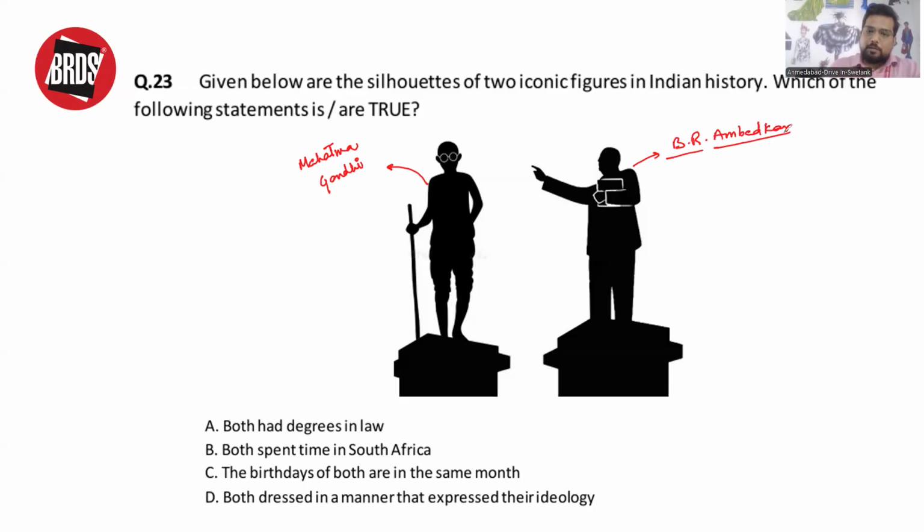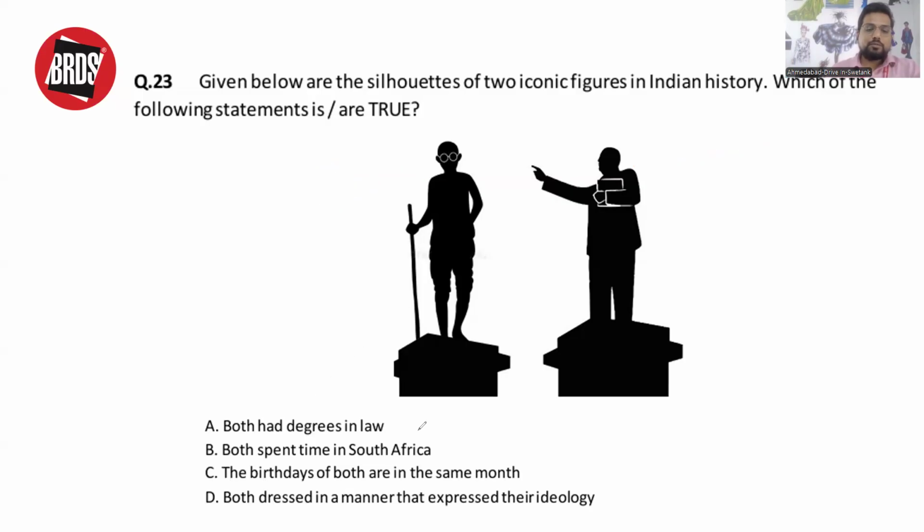They both are basically famous for their contribution to the independence of our country, and even after that. B.R. Ambedkar was the head of the drafting committee of the Indian Constitution. So their contribution is very important for our country, the republic and the constitution. But the question is related to some other things about them.